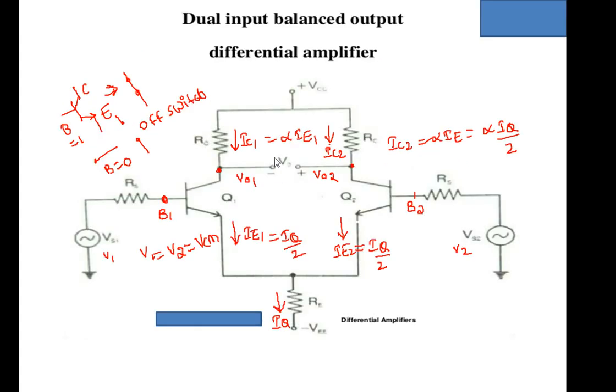So here V0 is the difference between V01 and V02. So what is V0 here? V0 is nothing but VCC minus IC into RC. Similarly here also, V02 equals VCC minus IC2 into RC. So I am writing that one.